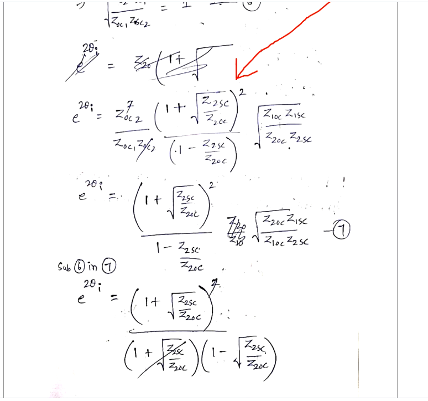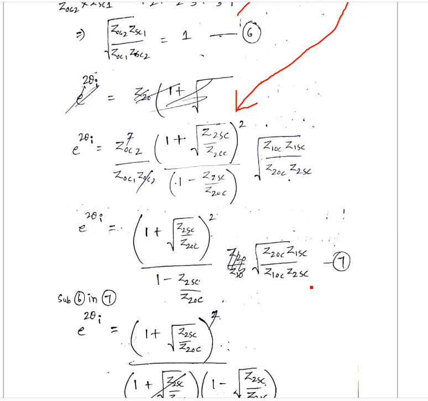And e power 2 theta is equal to, these two will be cancelled and I am taking this inside, so with that manipulation I can get this. So now I am considering this as equation number 7, and you got this equation number 6 where this relationship is equal to 1. So I am directly using that in this equation so that I can simplify it further.